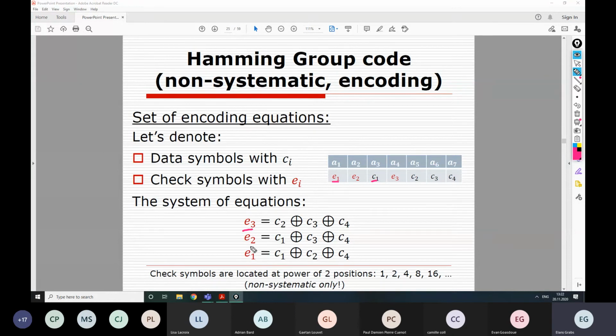So these control symbols are calculated as sums modulo 2, this is addition by modulo 2, from the information symbols. So the algorithm is pretty simple, right? We need to select some numbers, add them up together, and we would get these control symbols.